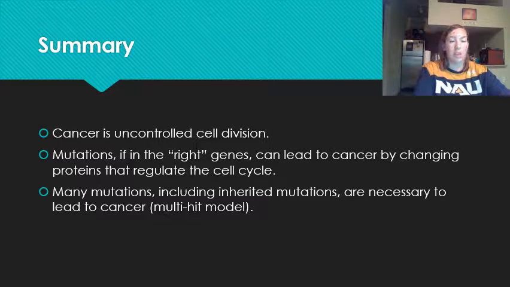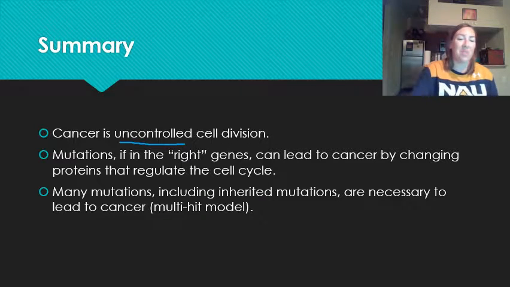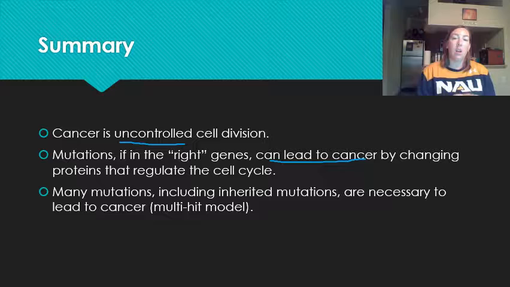To summarize, cancer is defined simply as uncontrolled cell division. It's happening too much, and it causes tumors. Certain mutations can lead to cancer because they are affecting the proteins that regulate the cell cycle and either end up over replicating or failing to stop over replication.